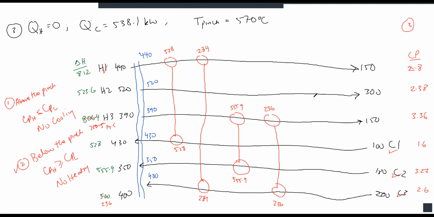So again, since we're below the pinch, I'm going to add some cooling utilities. So let's add the cooling utilities to just finish off this problem. So for H3, I need a QC of 14.5 kilowatts to satisfy H3. So now it's done. And then for H2, I still need that because I didn't match it to any of the cool streams because its CP value is too low.